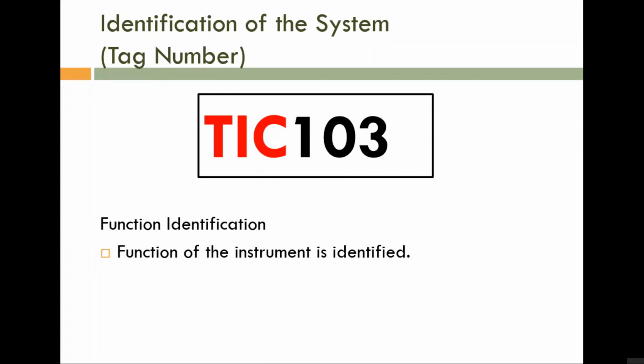P for pressure, and to represent differential pressure we need PD, P differential. So at that point D is acting as the modifier of P. Okay, so normally for the first letter only one letter is used. In some situations we need two letters, along with the first letter we need a modifier. Now here we have only one letter, T, there is no modifier.